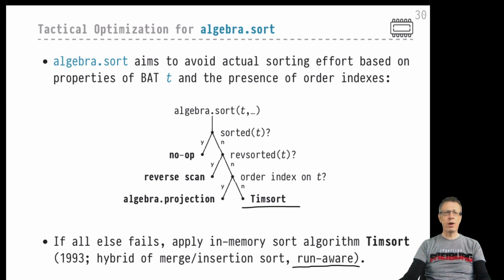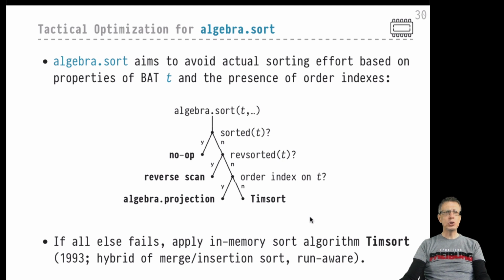So timsort is a rather advanced in-memory sorting algorithm that is then applied to enforce sort order. Timsort is also used in implementations of Python, for example. So it's a modern in-memory sorting algorithm that is suited to this particular task.